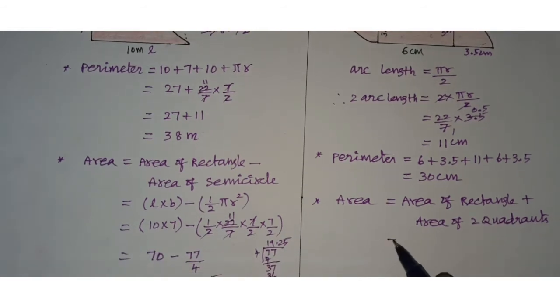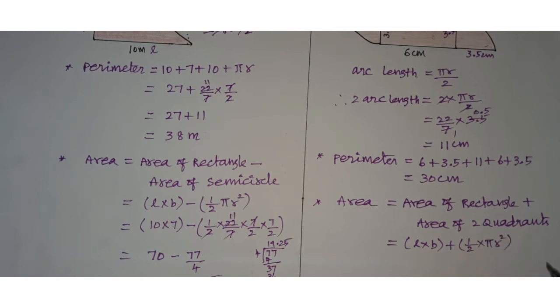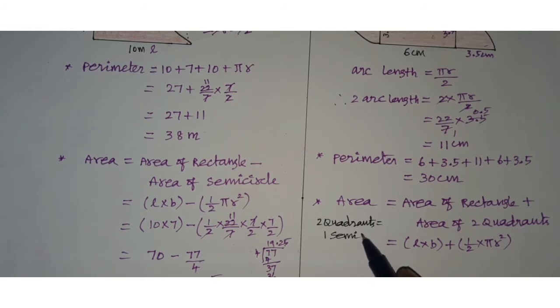So area of rectangle formula L into B plus the area of 2 quadrants, it means area of semicircle. So 1 by 2 into pi r square. Okay. Because 2 equal quadrants equal 1 semicircle. Okay. So we use this idea.